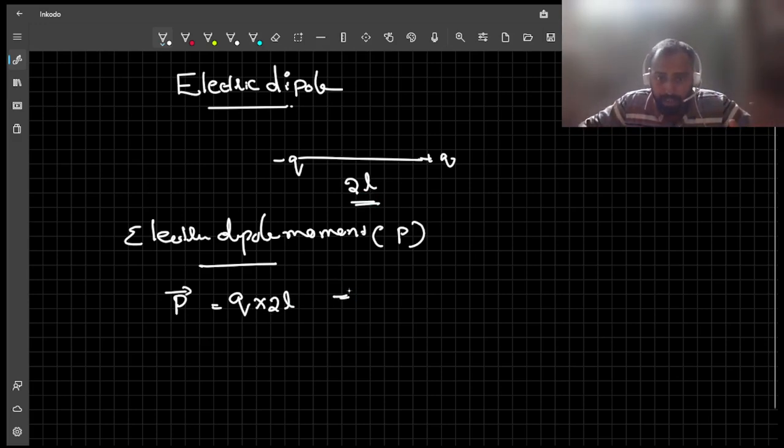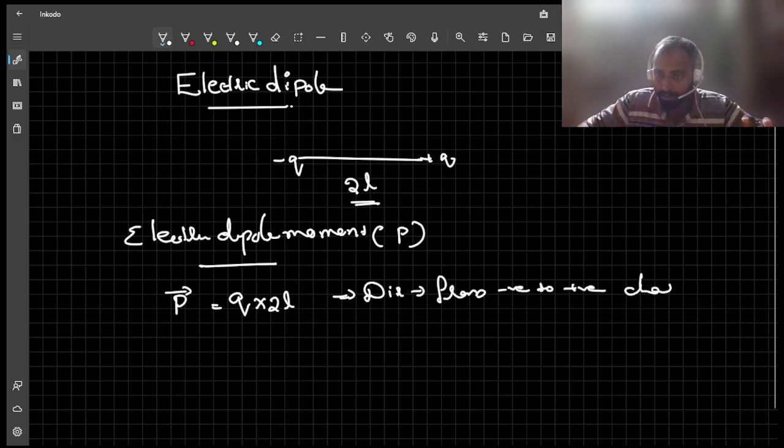The direction of the electric dipole moment is from the negative to the positive charge. So the electric dipole moment is the product of any one of the charges and the distance between the charges, and the direction is from negative to positive.